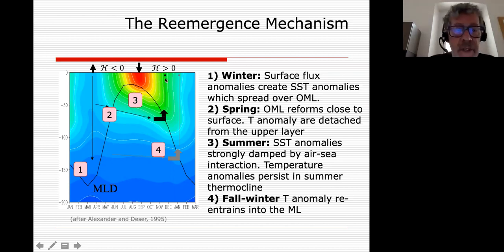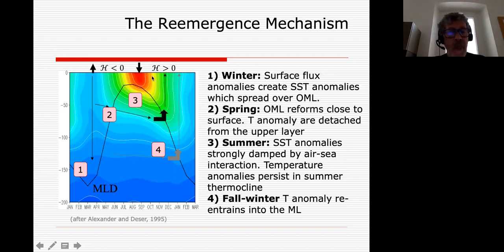When you have the winter, the autumn condition, you start here again with negative fluxes. This H larger than 0 is connected to this arrow. So in summer you have heating, a stratification.